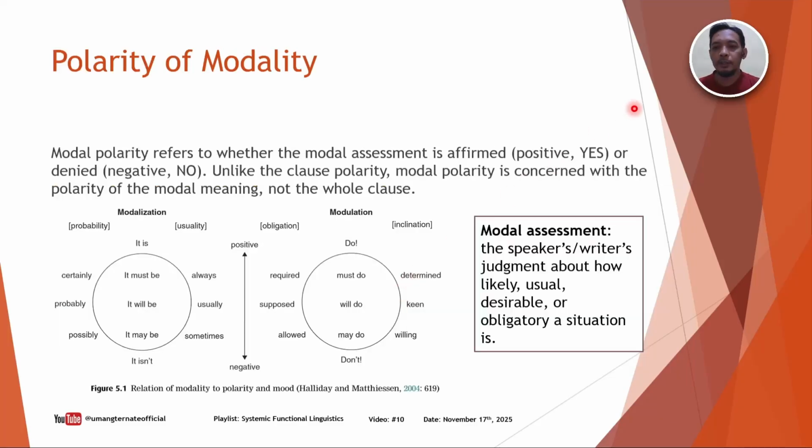And then the last element in the modality system is the polarity. As I told you before, modality is between the positive and negative polarity. Okay, like you can see here.